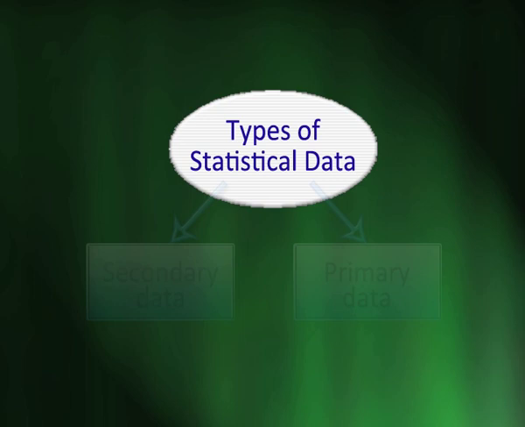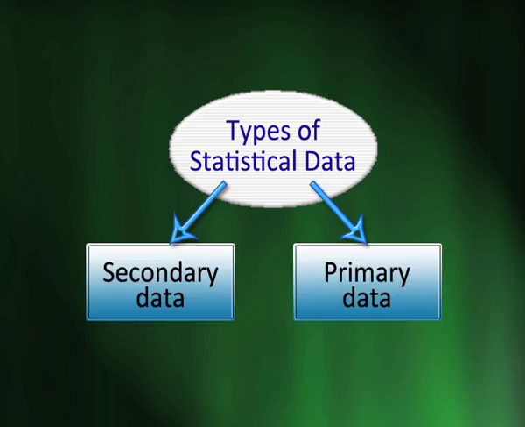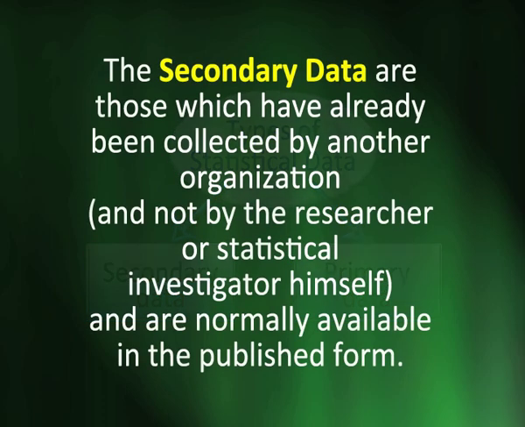As far as statistical data are concerned, there are two types of statistical data, the secondary data and the primary data. The secondary data are those which have already been collected by another organization and not by the researcher or statistical investigator himself, and are normally available in published form.